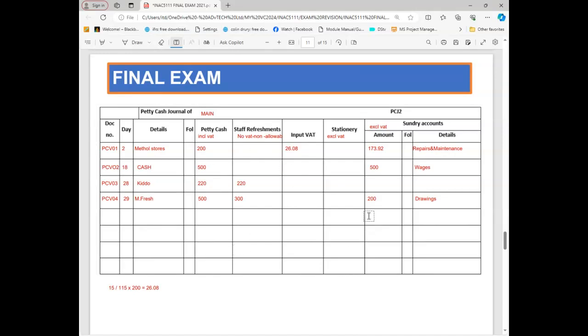I know you can total, and thereafter, remember, you need to put some things at the bottom. You see? So at the bottom, if you check here, petty cash is an asset. The fact that we are paying these things out of petty cash, meaning our petty cash is going down, meaning our asset is going down. So where do assets go down? The assets go down on the credit side.